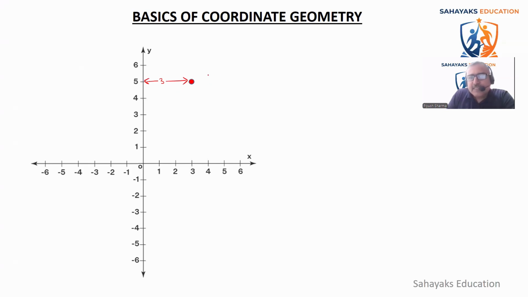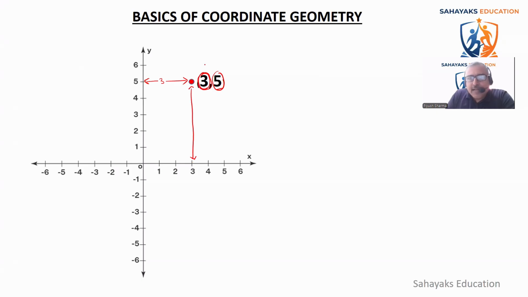So it is represented by (3, 5). So the first number which we write, 3, is the distance from y, and 5 is the distance from x. You can see, 3 is the distance from y and 5 is the distance from x.